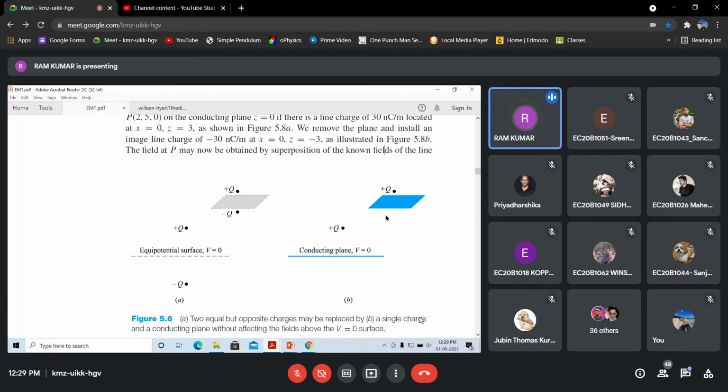Then the same field is produced. This is called the method of image. Why is it an image? We are introducing the image of this charge, that is, the same charge with the opposite sign over here. Now, when you solve one problem, you can easily understand this.